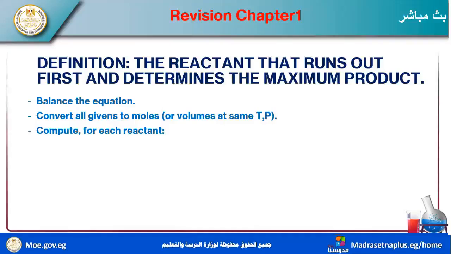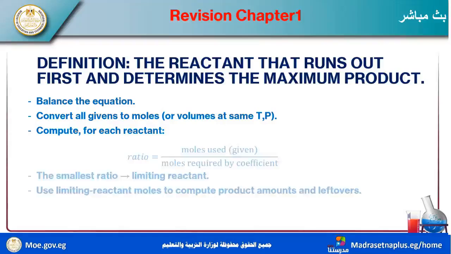This is computing for each reactant. Now, the ratios: the number of moles given to the moles required by the coefficients. The smallest ratio is the limiting reactant. I told you before, the limiting reactant is a reactant that is consumed totally in the reaction.